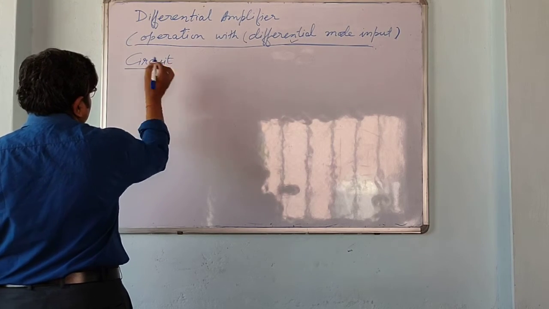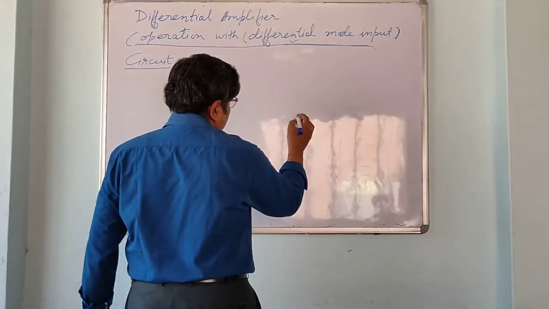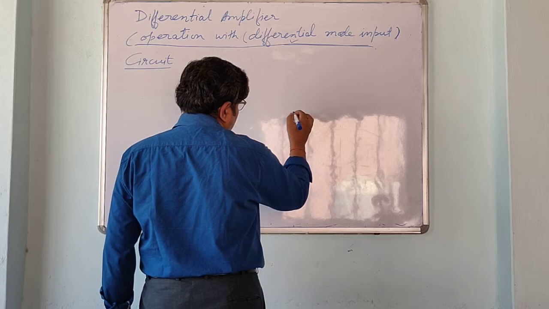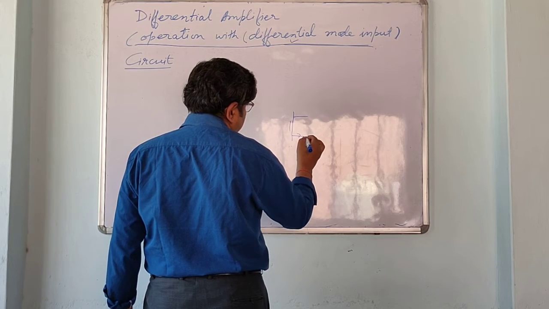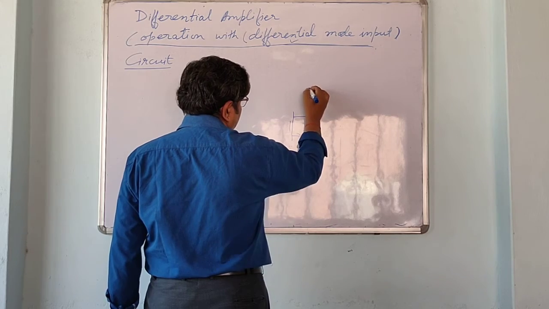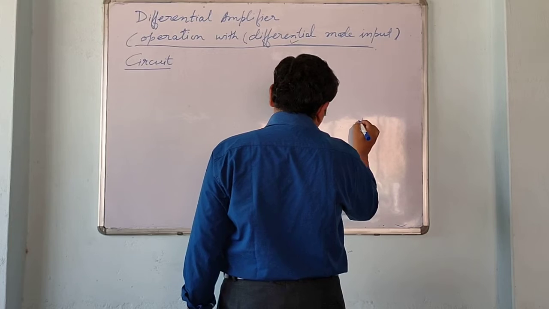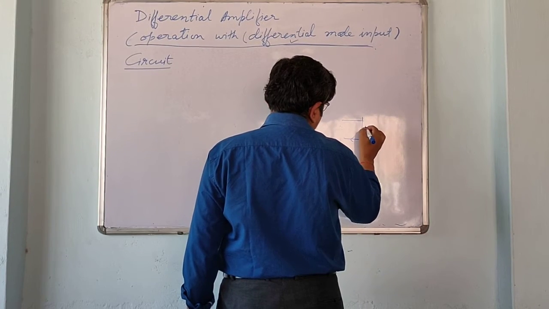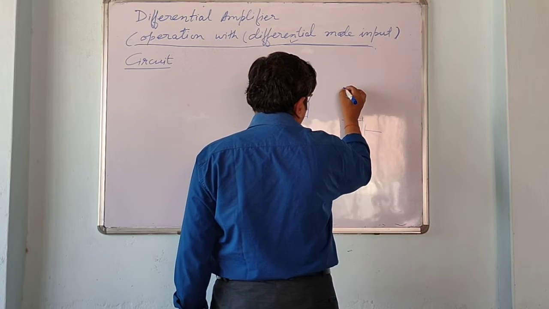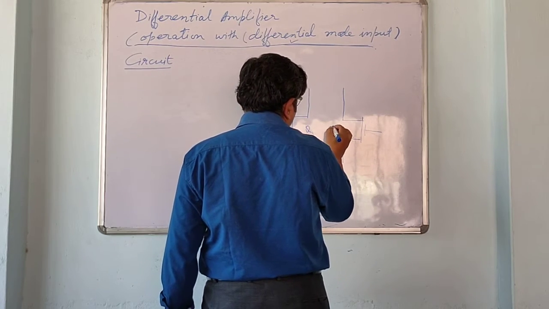How does this circuit operate? We are considering the MOS differential amplifier. So we have two MOSFETs, Q1 and Q2.